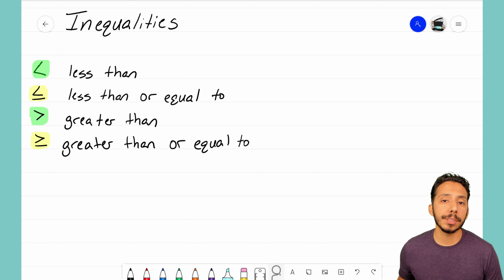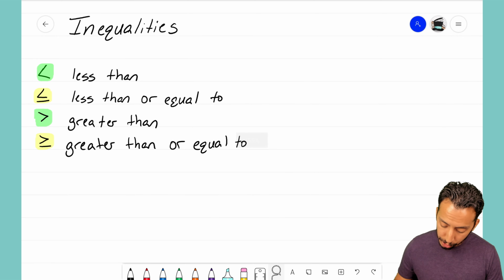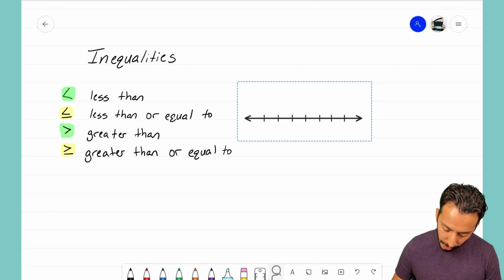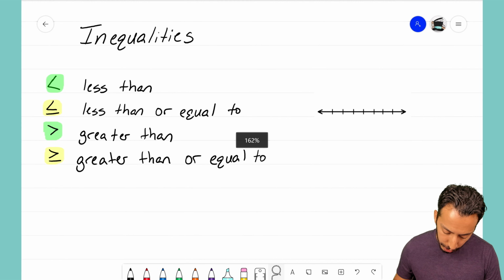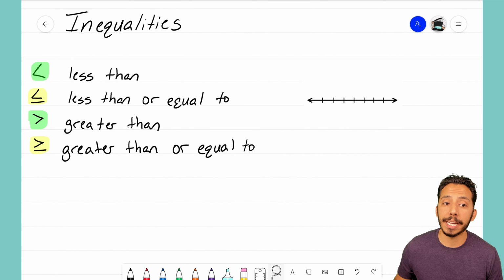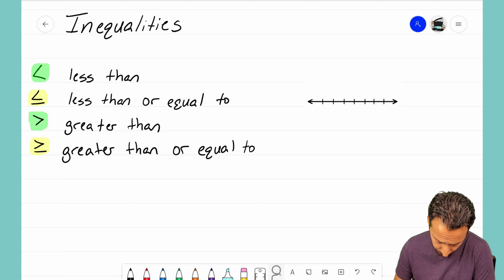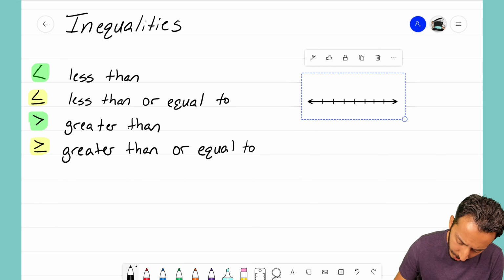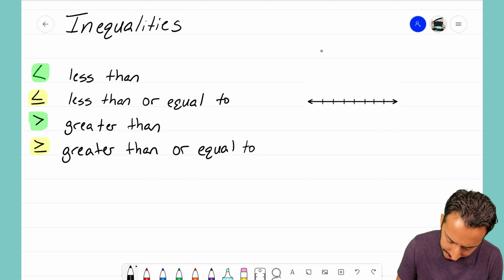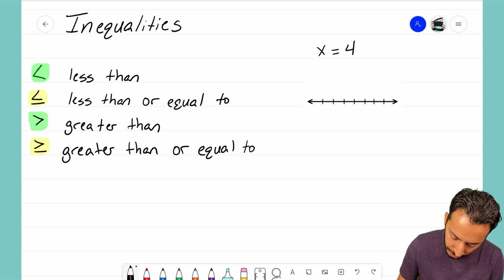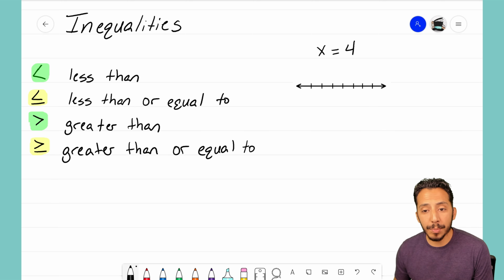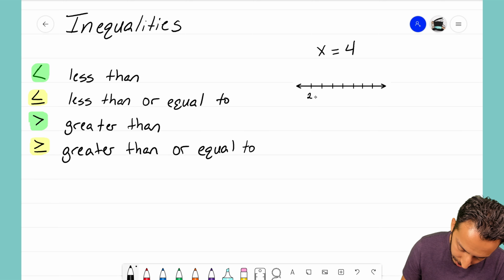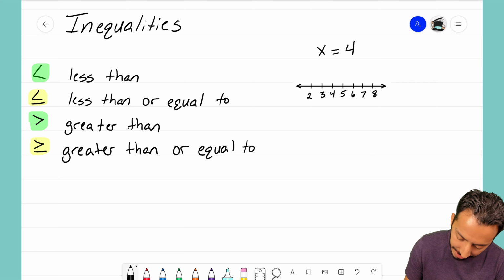Now, you are used to seeing equal signs. And let me zoom out for a second because I have a number line here ready to go to help with an example. You're used to seeing equal signs when we come across equations. For example, if I were to write the equation x equals 4, thinking about that on a number line, let's say the number line went from 2 to 3 to 4 to 5 to 6 to 7 to 8.